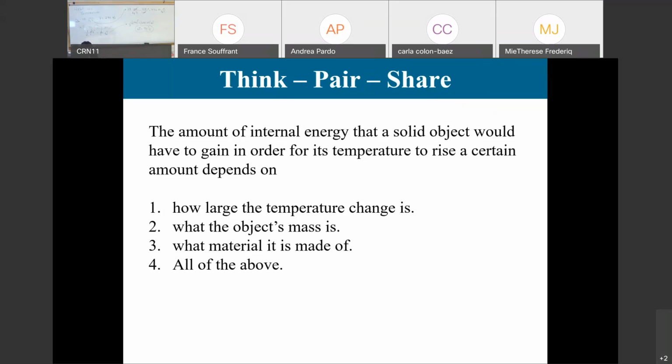So the internal energy, in this case, only depends on the mass of the object. Heat depends on what material it is made of and how large the temperature change will be. Internal energy is just about the mass of the system.